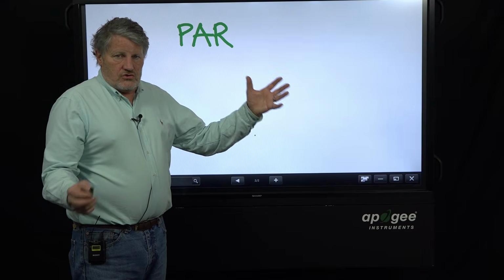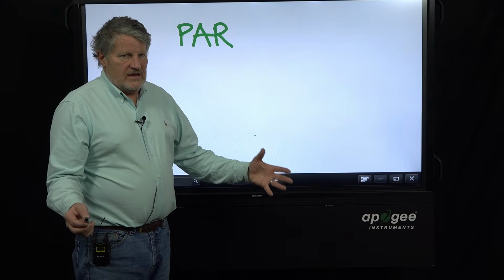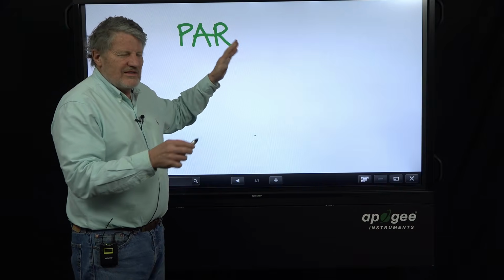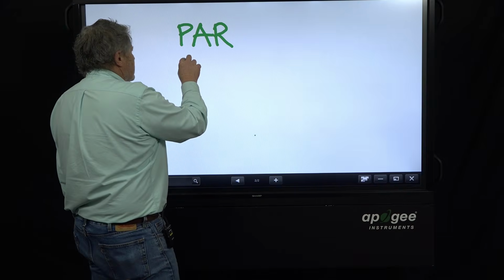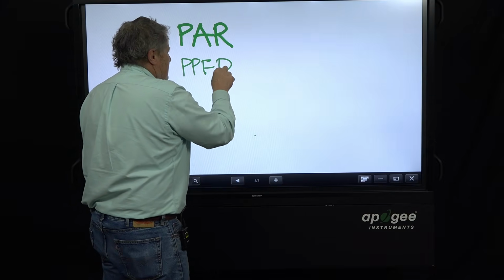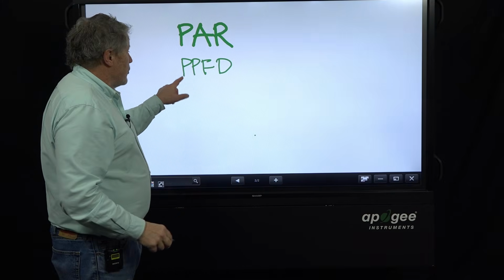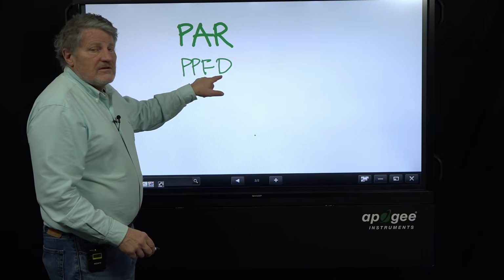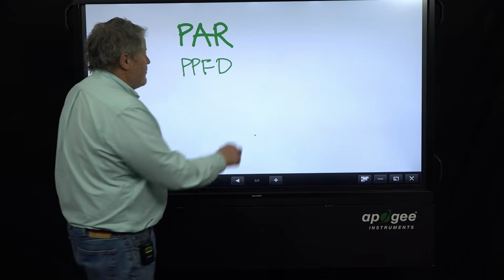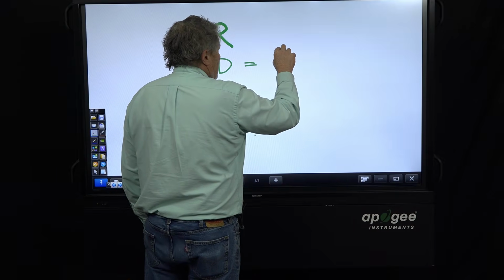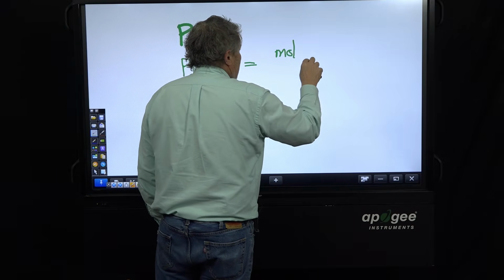This is a generic term for all photosynthetically active radiation, but it could mean watts per meter squared, and that's confusing. So a more rigorous term is PPFD. That stands for photosynthetic photon flux density. And this always means moles of photons.